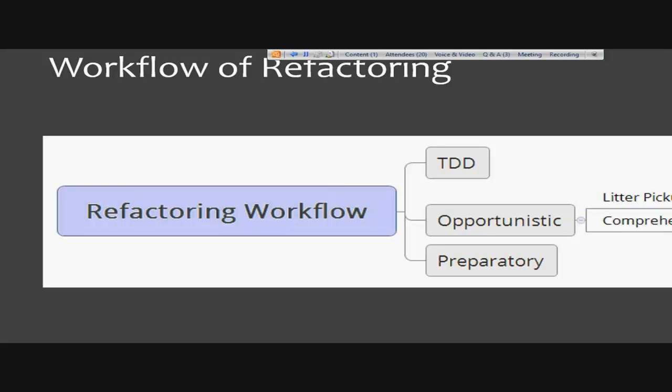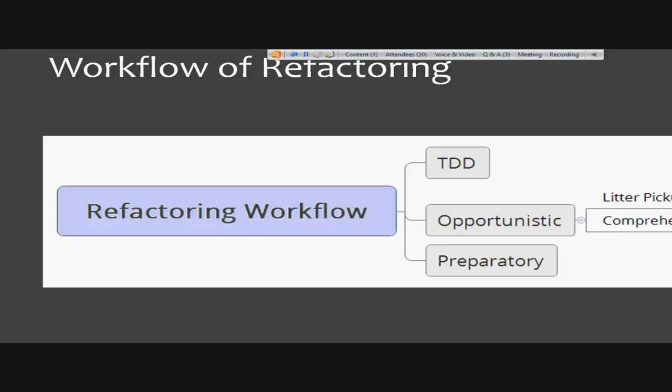Whenever you see that this code sucks, or this is a design smell, you should go and try to do the refactoring. That is litter pick refactoring. It has nothing to do with TDD. Even if you are not practicing TDD, you can practice opportunistic refactoring.